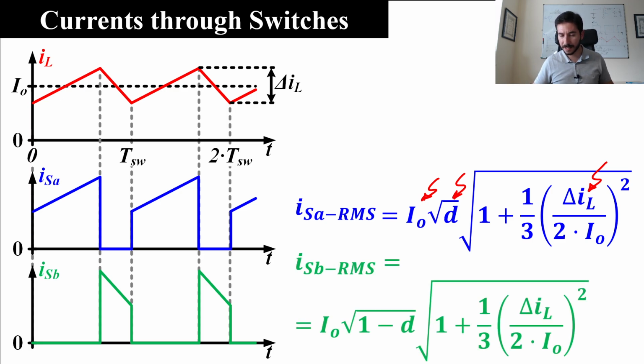And similarly, in the case of switch B, it depends also on the output current, duty cycle, but in a different way, instead of D, 1 minus D, and also on the peak-to-peak current ripple. So as I said, these expressions will be very useful, for instance, for evaluating conduction losses in the switches.